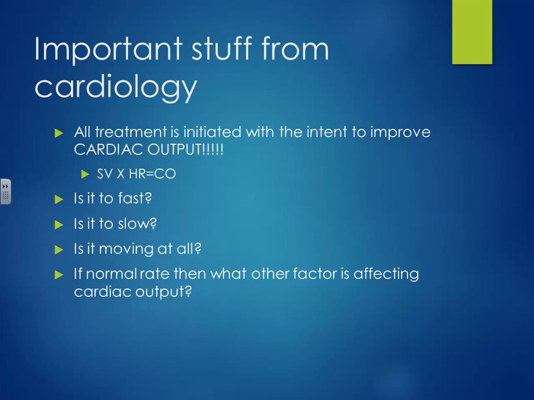So we look at our rate. That can tell us is it too fast or too slow. If we've got a normal rate, then what other factors are affecting cardiac output? Does that make sense?